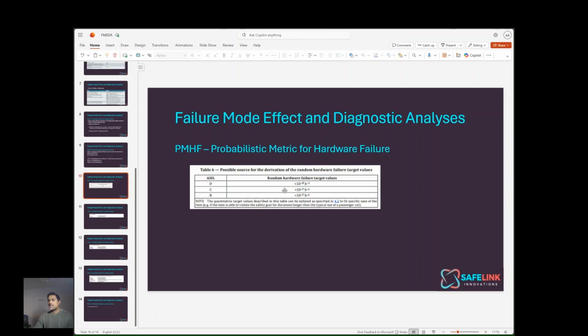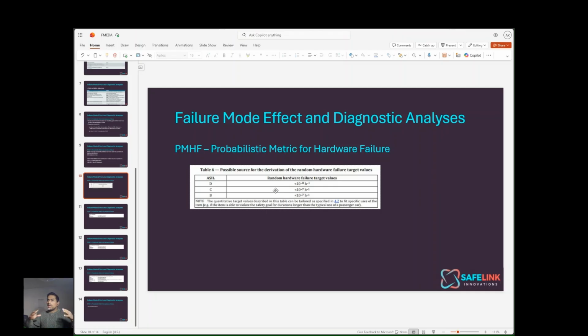If it's ASIL C, it should be less than 10 to the power minus 7 per hour, which is 100 FIT. Same thing with ASIL B. So the sum probability of all failures in the system for an ASIL D safety goal should be less than 10 FIT. The sum of probability of all failures of the system for an ASIL C or ASIL B safety goal should be less than 100 FIT. So this is the target we need to achieve.